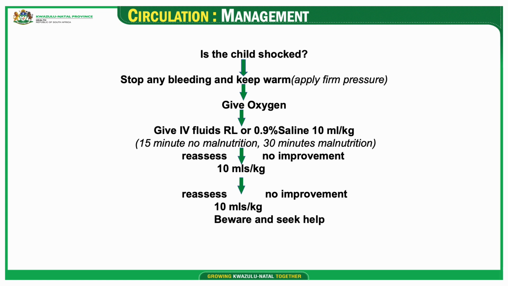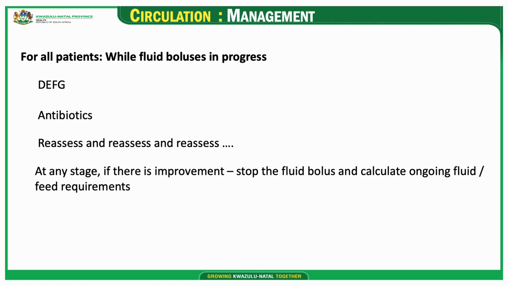And just remember, if a patient is not shocked, you must not repeat another fluid bolus. And we just want to remind you that for shock, you need all three signs: a cold patient with a prolonged cap refill time and a pulse that is weak and fast.